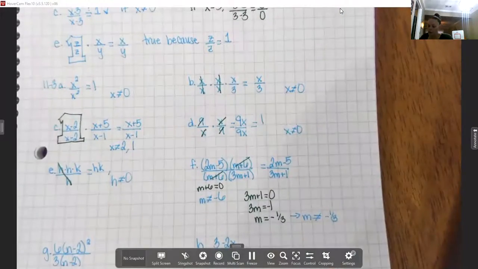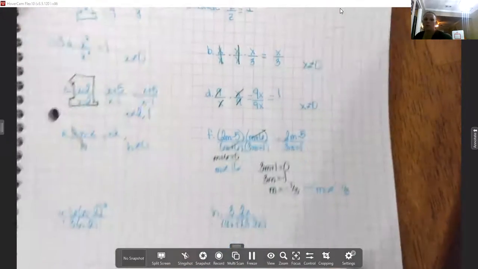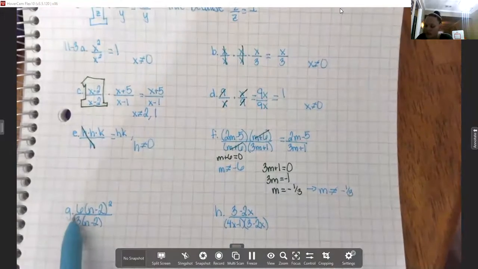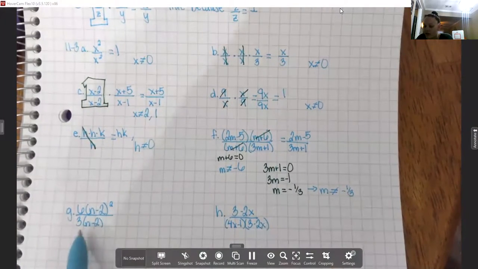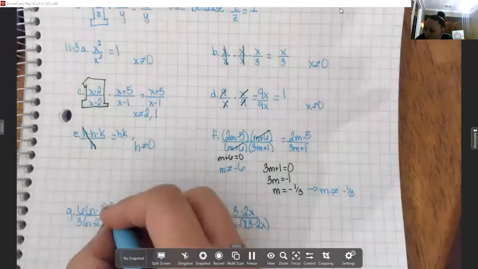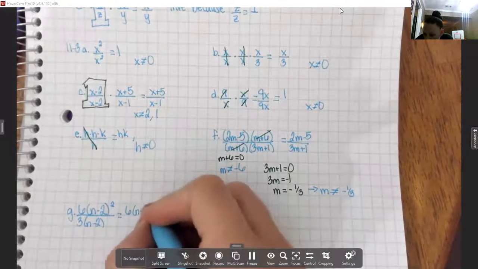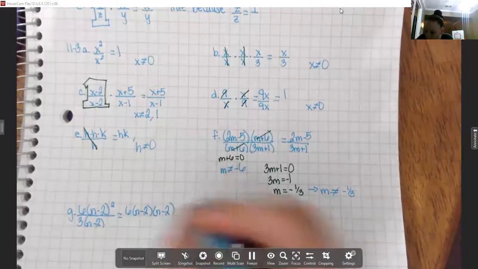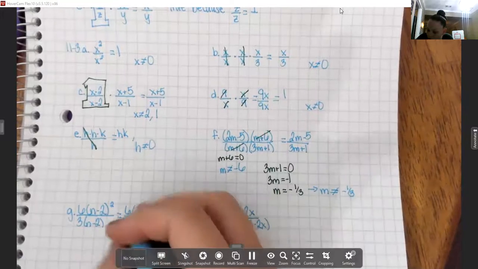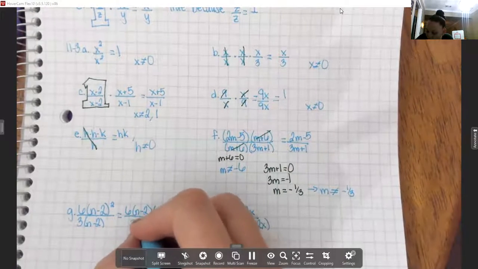Part G, 6 times n minus 2 squared divided by 3 times n minus 2. So we know n minus 2 squared is n minus 2 times n minus 2, divided by 3 times n minus 2.